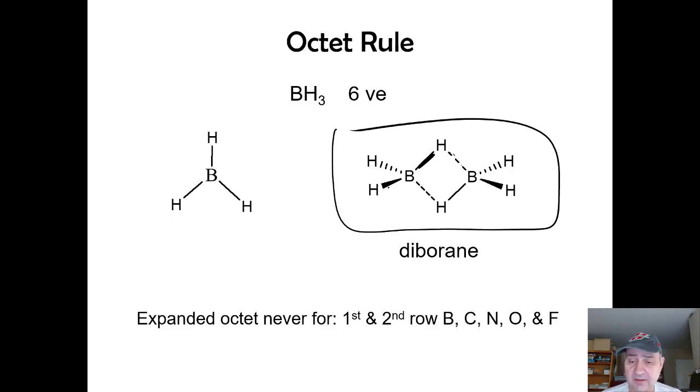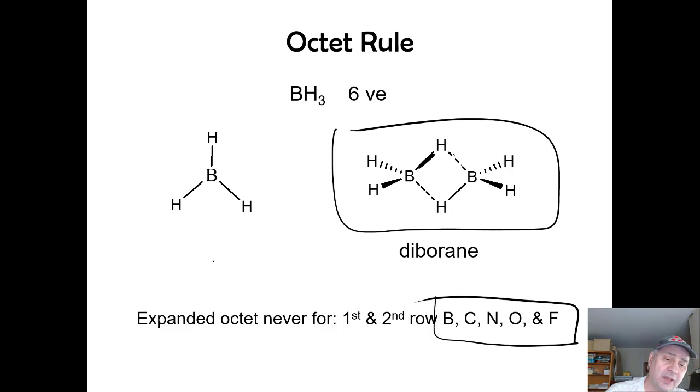But expanded octets, right? Never ever do that for the second row. That's important. The d orbitals are just too high, but we can definitely do this for silicon, phosphorus, chlorine, right? So if it's chlorine or bromine, of course we expect those to just have a single bond.